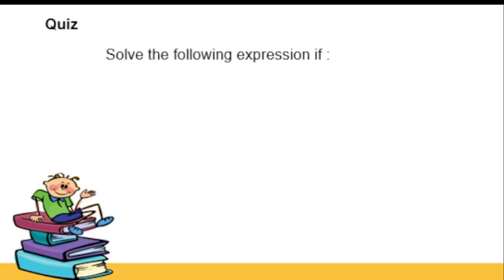And for your quiz, solve the following expression if A is 4, B is 3, C is 5. Number 1, you have 4A to the third power plus 5BC. So you have to evaluate.